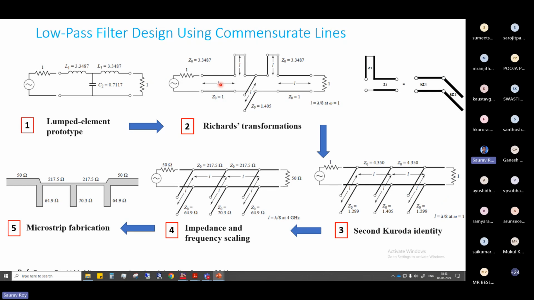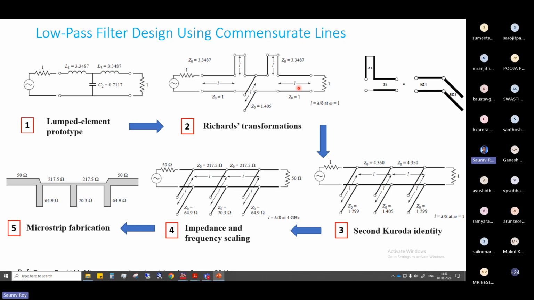Okay, so coming back to the Richards, to replace this section with Kuroda's identity, you need extra additional length. For that, we add at the beginning and at the end an additional lambda by 8 section of 50 ohm line. It will not actually change any response because it will be matched to the input side as well as to the output side.